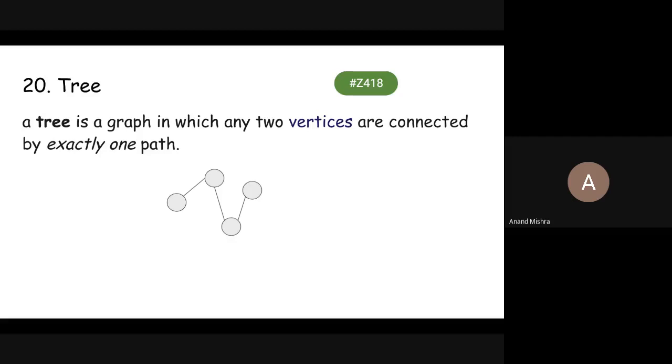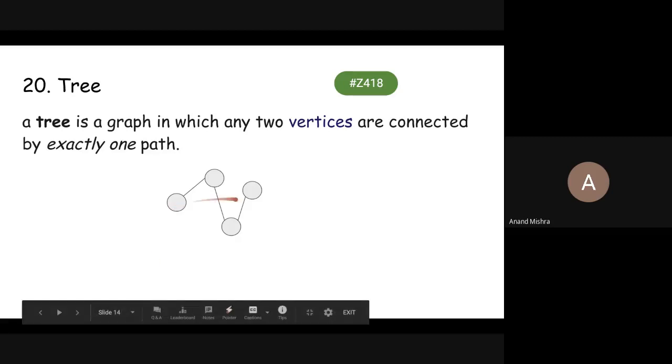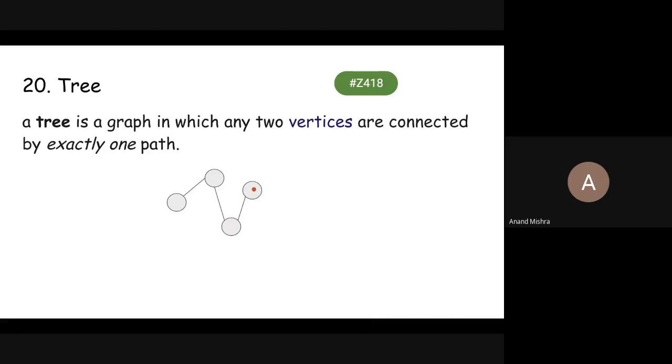A tree is a graph in which any two vertices are connected by exactly one path. Okay, so any two vertices are connected by exactly one path. So if you take any two vertices, right, you can have only one possible path. In this example, I took these two nodes, there is only one path.